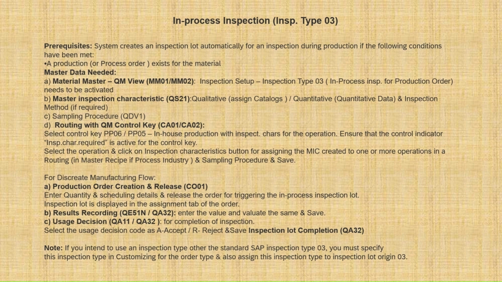In the in-between stage, when the process is still going on, we are doing the inspection. This is a semi-finished material which we are testing. We are checking the material and doing the result recording and the usage decision for the materials.